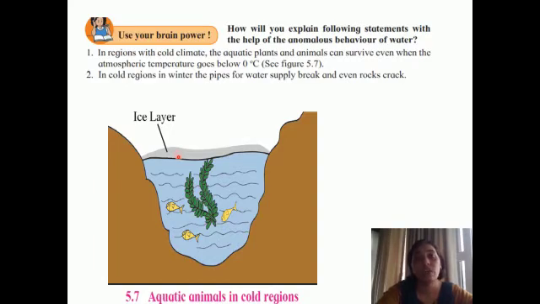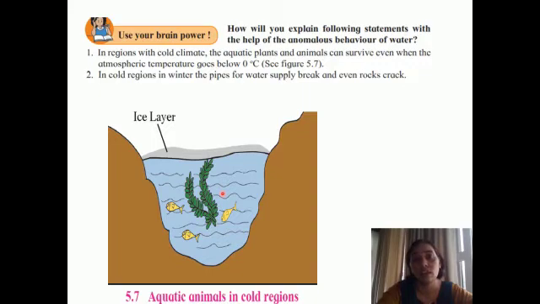It will not allow heat to escape out, and so the water is going to be here at 4 degrees Celsius, and hence all aquatic flora and fauna, that is plants and animals, can survive, and there will be no heat escape from the water to the outer atmosphere. So ice, being a bad conductor of heat, does not allow the heat to escape out, and life continues to be there inside water.